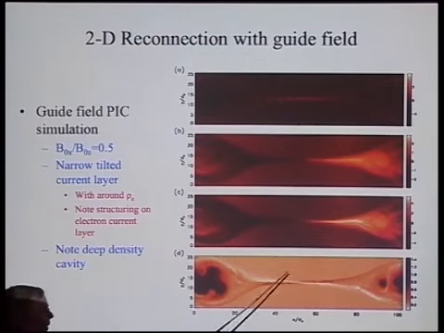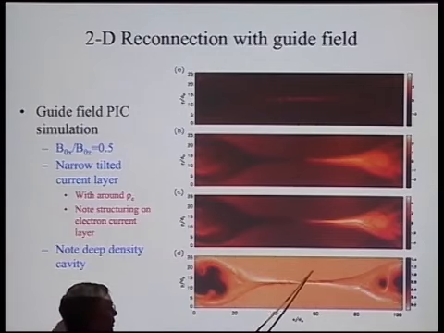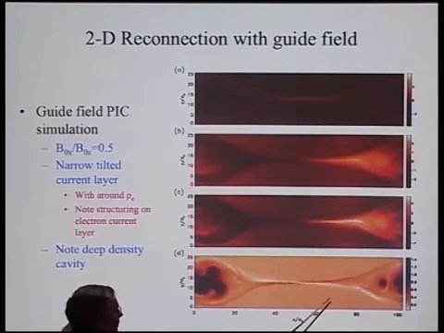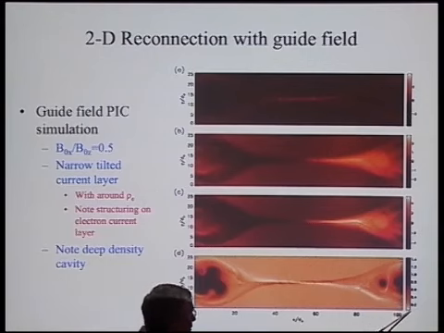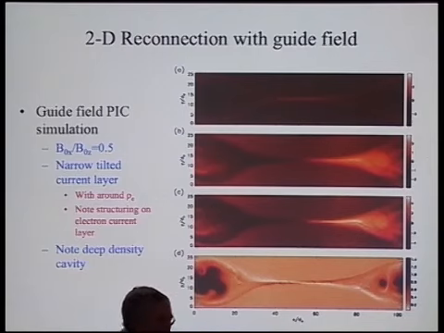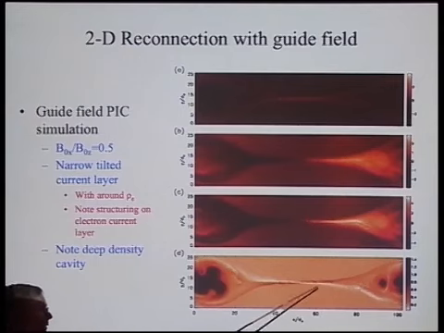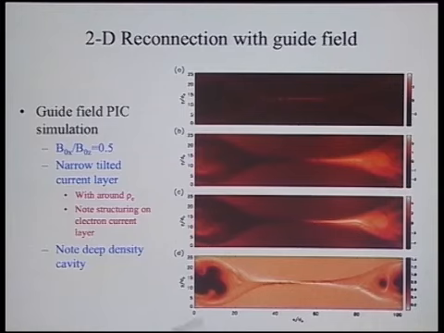The upstream density for this simulation was like 0.2, and the white stuff is possibly not 0, but maybe around 0.1 or so. I can do a cut, but I didn't do it for this talk. If you really want to know how deep the cavity is, we can do a cut.